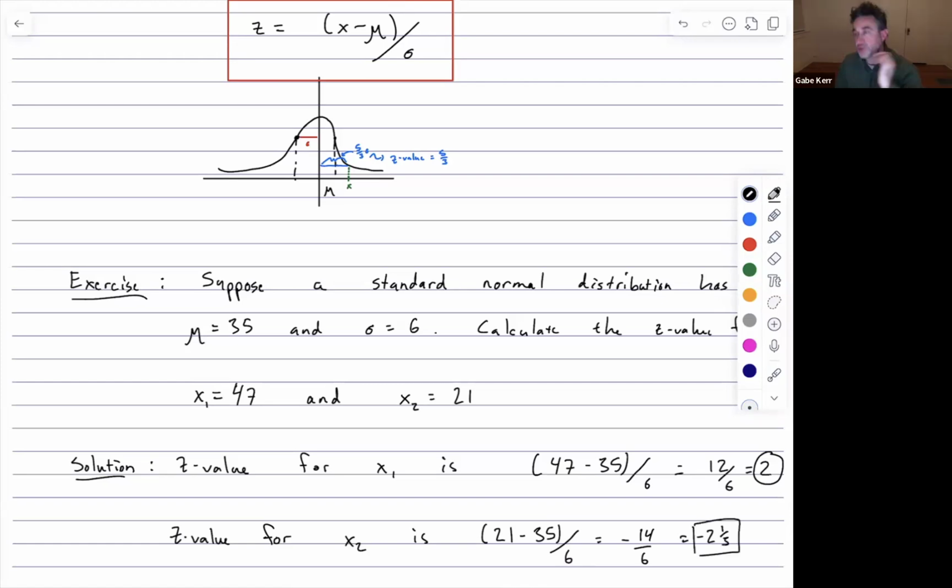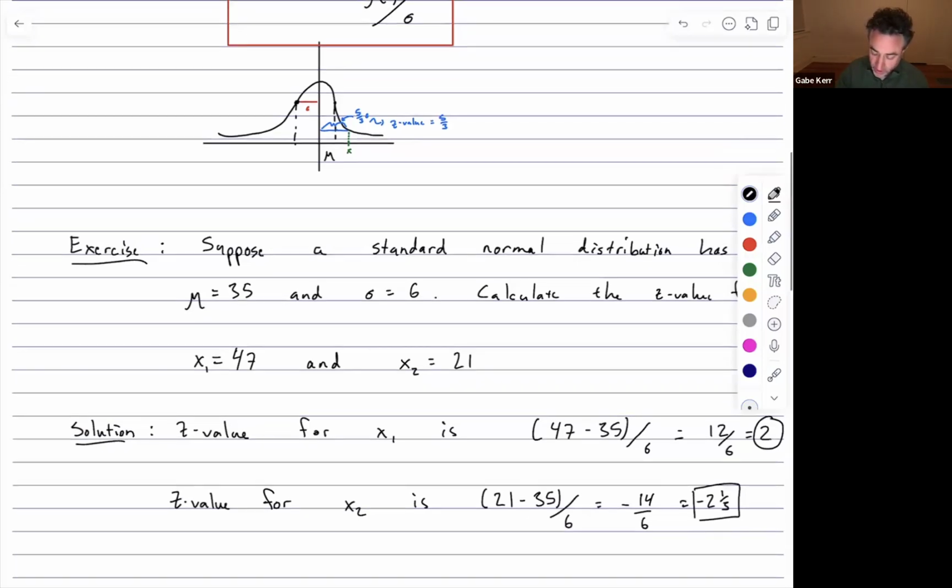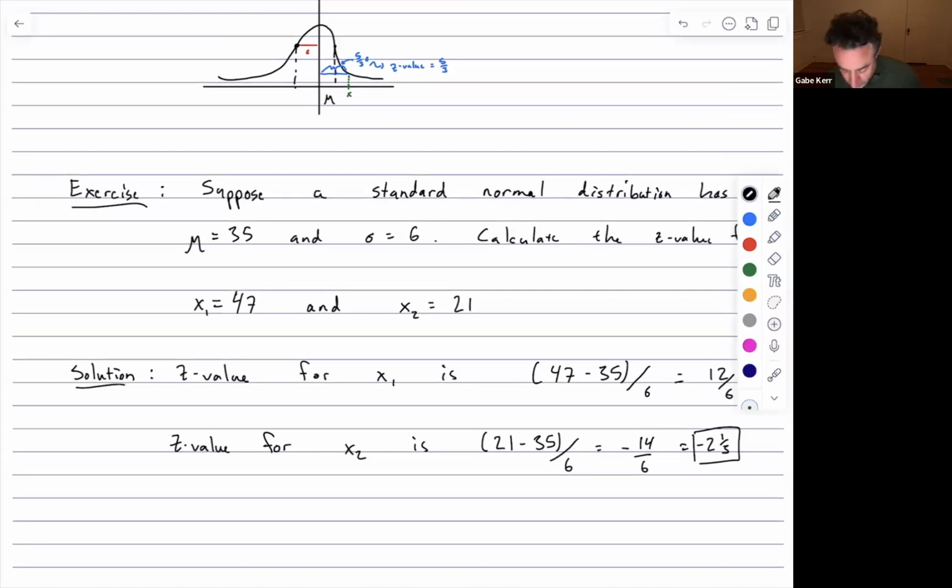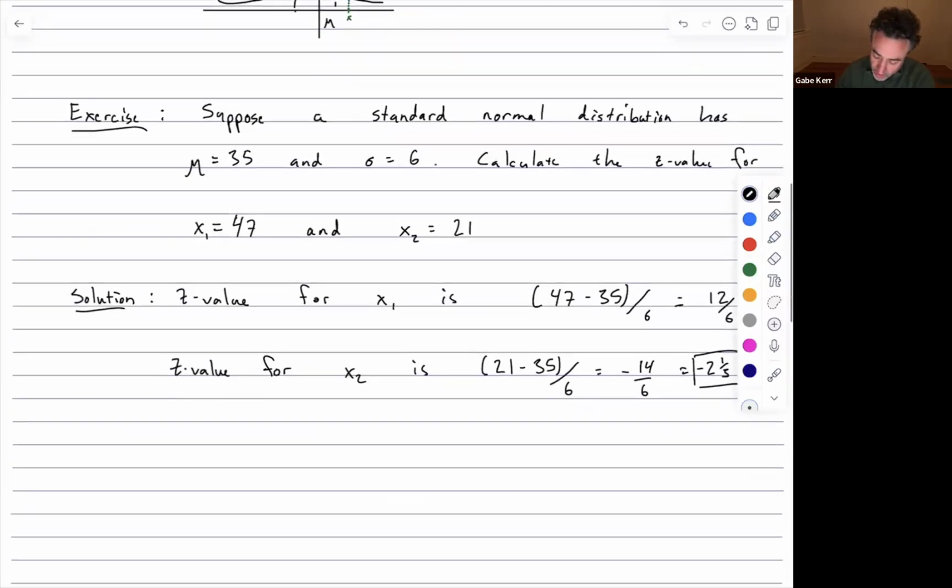So that means that this is also a little bit more than 2 standard deviations away from the mean, but it's to the left of the mean, or less than the mean. So it's very possible to get the z value just by using that formula.